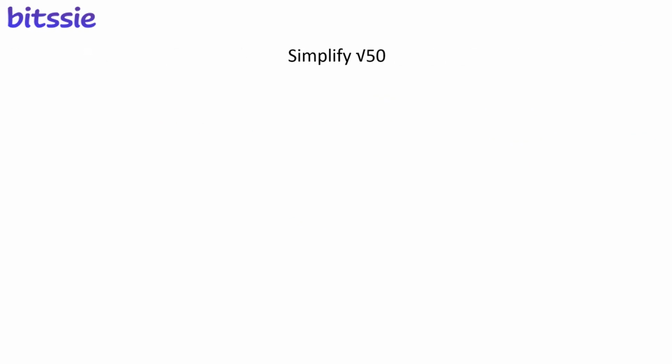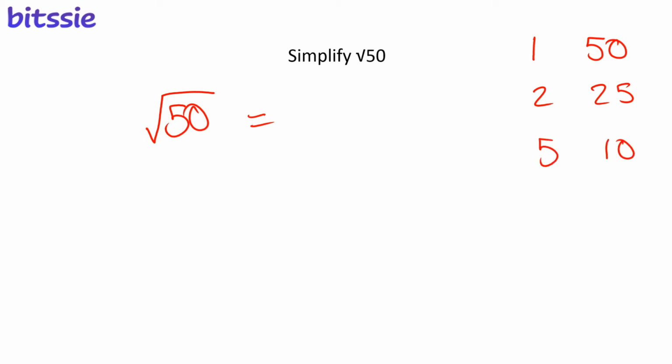Next, we have root 50. So root 50, let's write out its factor pairs up here again. We've got 1 and 50, 2 and 25, 5 and 10. And that's it. And out of these three pairs, the only one with a square number is 2 and 25.